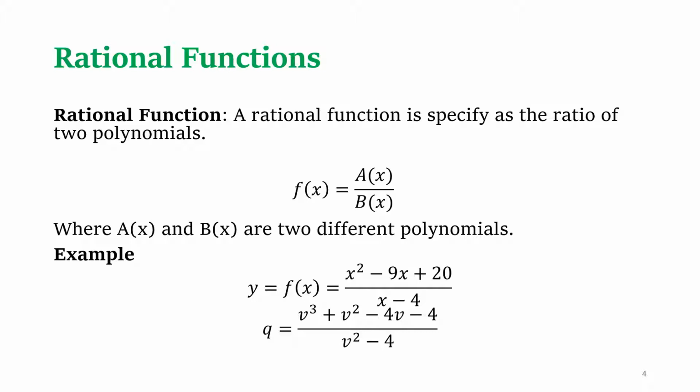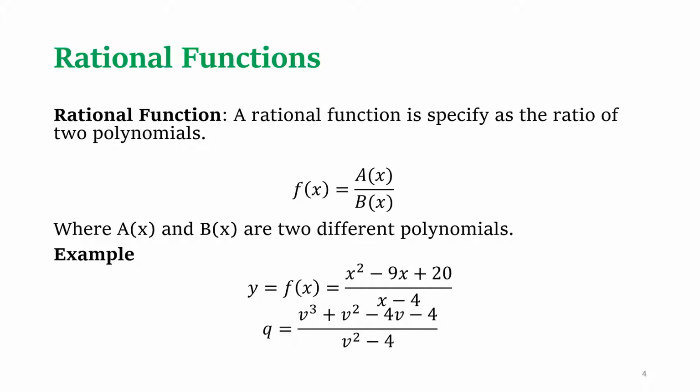And then x minus 4, which is the denominator here, is a linear function. It is also a polynomial of degree 1 because x is raised to the power 1. Remember, a variable raised to the power 1 is the variable itself, right?